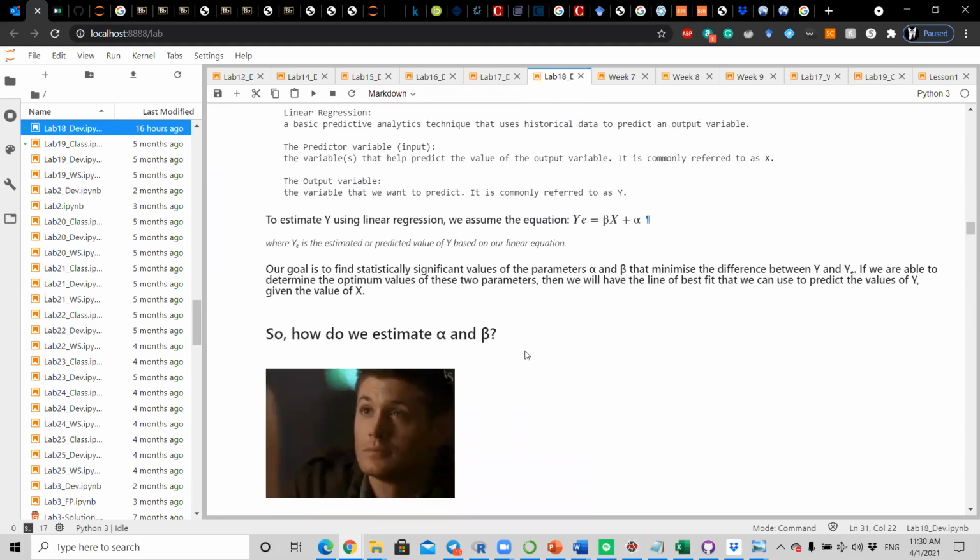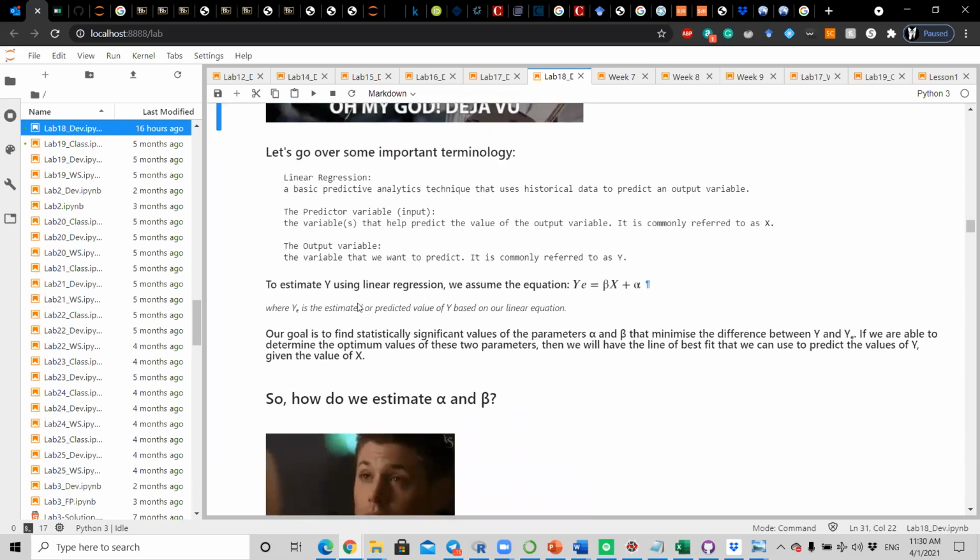Okay. Now, to estimate Y using linear regression, we assume the equation as this. Y sub E, which is the estimated value of Y, will be equal to beta multiplied by X plus alpha, where Y sub E is the estimated or predicted value of Y based on our linear equation.